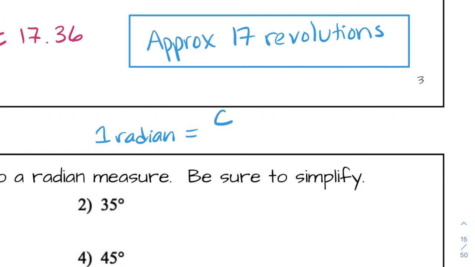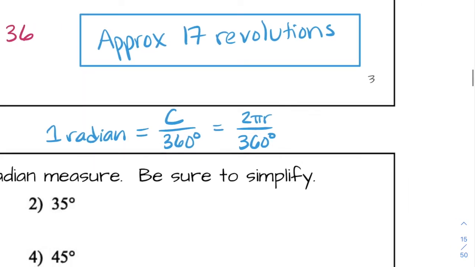It's equal to the circumference divided by 360 degrees. So what it really is equal to is 2 pi r over 360 degrees. So in this case, ignoring any radius, we're going to get rid of circumference, and we're going to simply say it's actually equal to just 2 pi.